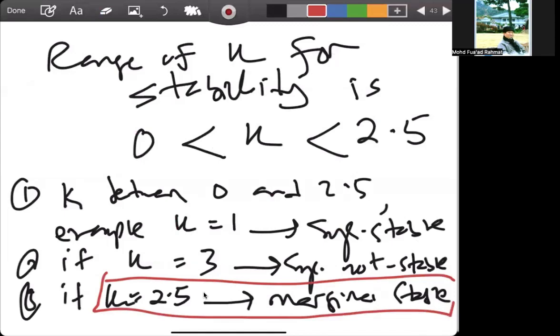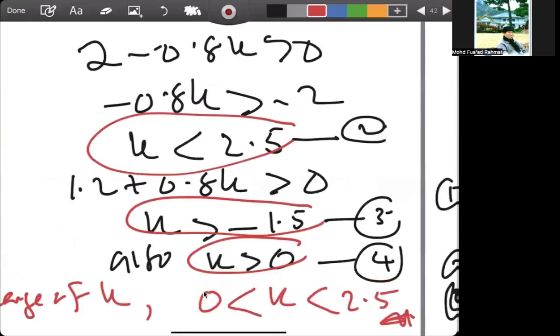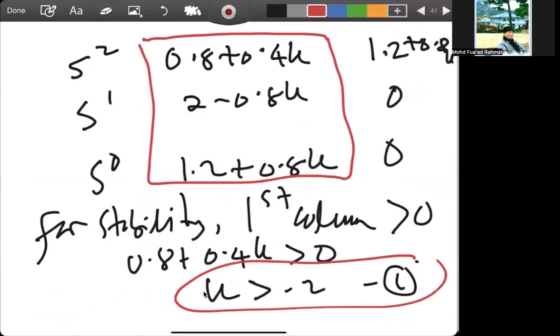In this case, you go to the Routh-Hurwitz equations.